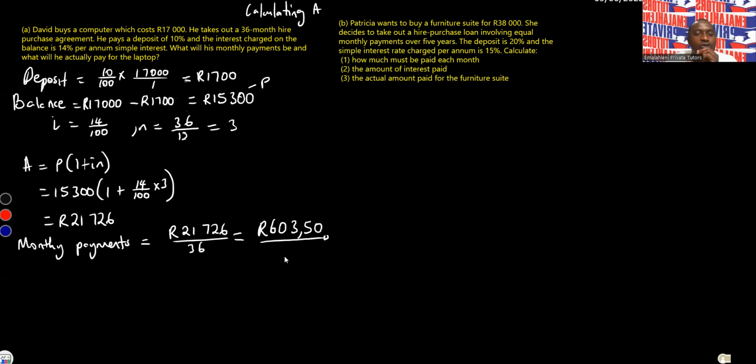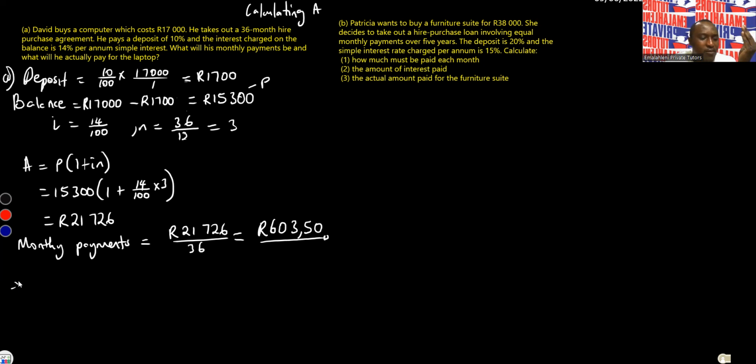Now, they also want to know what he will actually pay for the laptop. How much is going to be paid for the laptop? So we're going to say, okay, you paid a deposit of 1,700. Then you also paid 21,726. So here, total cost. This is number A, solution.